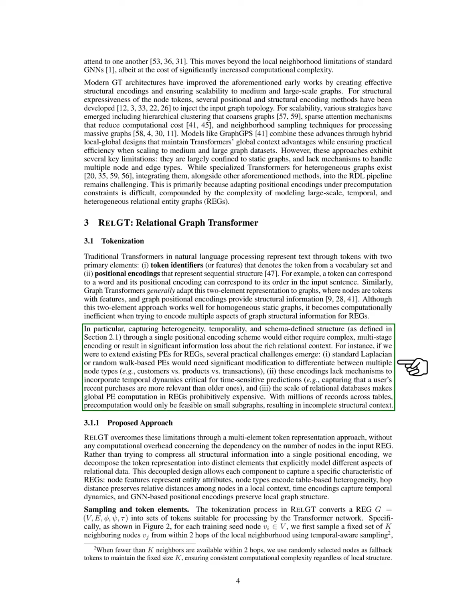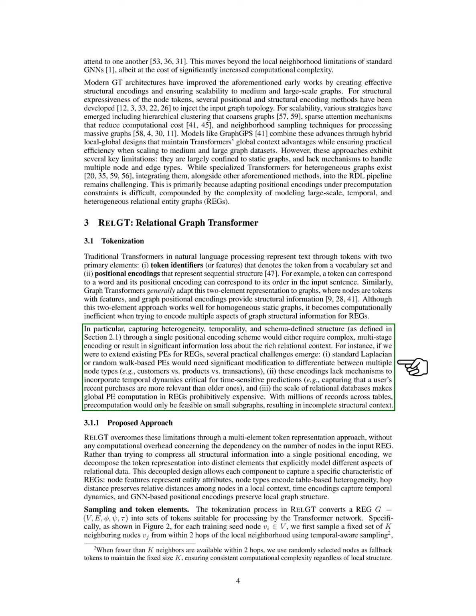Specifically, capturing heterogeneity, temporality, and schema-defined structure through a single positional encoding would either require complex multi-stage encoding or lead to significant information loss. For example, extending existing positional encodings for relational entity graphs presents several challenges.